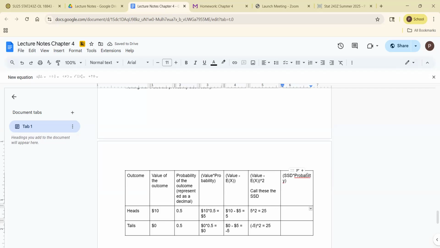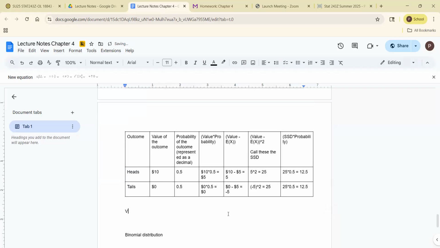So here we have 25, and the corresponding probability is 0.5. So that's 12.5. And here we have 25, and its corresponding probability is 0.5, which is also 12.5.